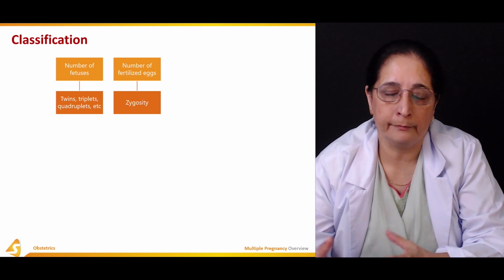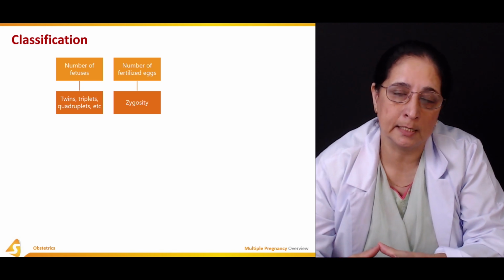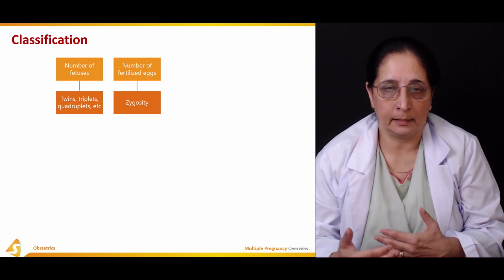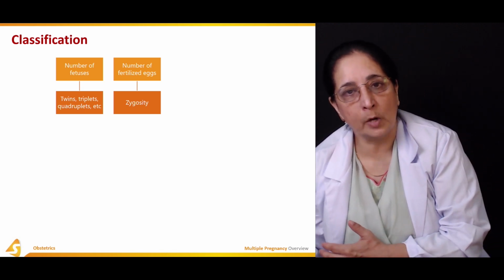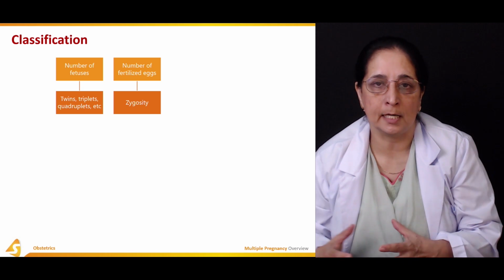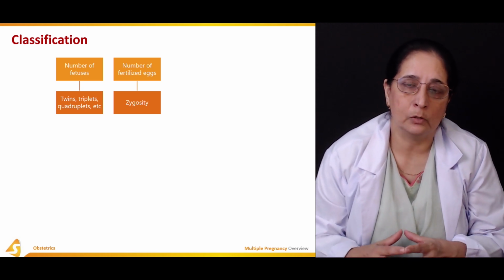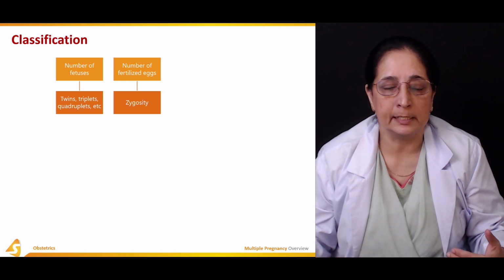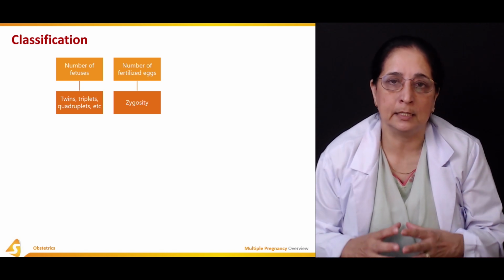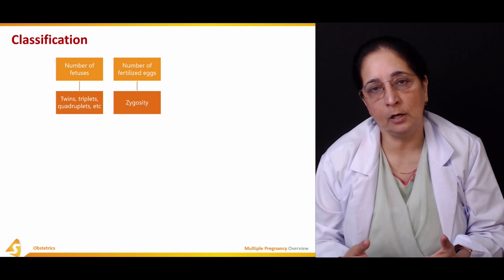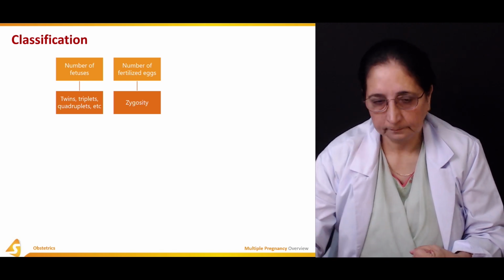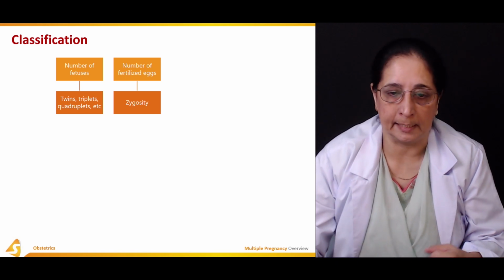If one egg is fertilized and it divides later on into two, that's different. If two eggs are separately fertilized, then it's two zygotes, and those two zygotes give rise to multiple pregnancies. So this is zygosity, depending on the number of zygotes present or eggs fertilized.